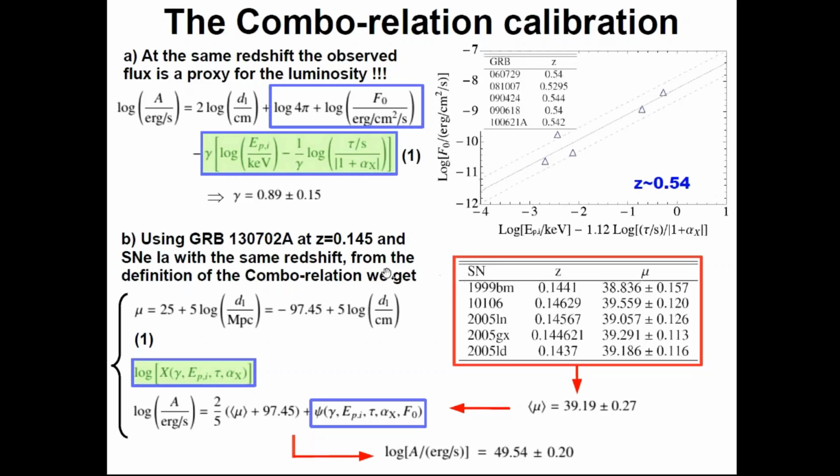We use the nearest GRB in our sample to calibrate with supernovae the A parameter of the relation, namely the value of the relation at 0. And we obtain these results.